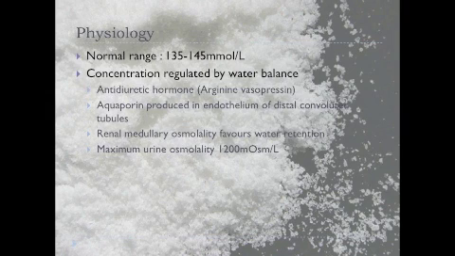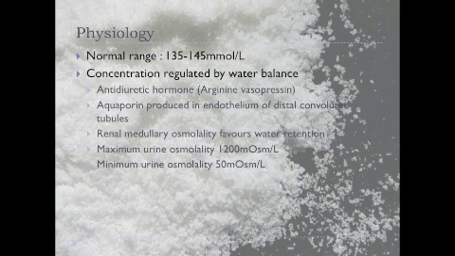In the presence of plasma hypotonicity, the secretion of antidiuretic hormone is almost completely abolished. This results in the prevention of water reabsorption from the collecting ducts. The urine in this circumstance may have an osmolality as low as 50 milliosmoles per litre. In this way, free water is excreted and plasma tonicity rises.